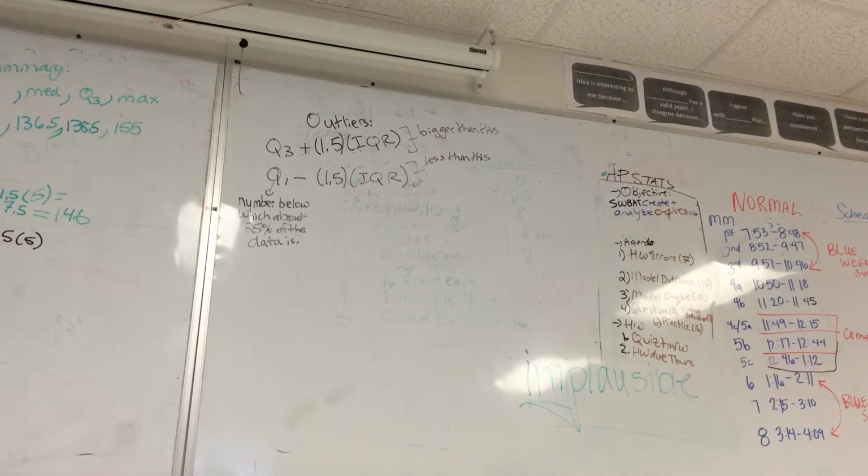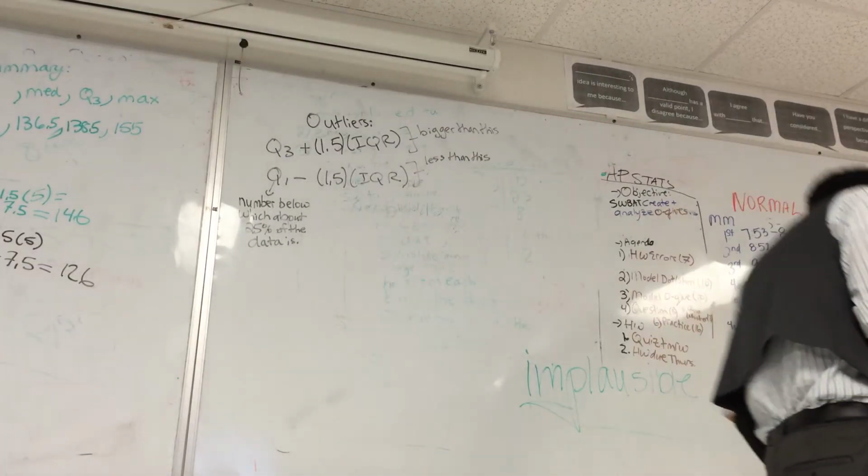We have a question. We do. 133.5 minus 7.5 is 133 minus 7, which is 130 minus 4, which is 126. So 123 is an outlier. Are there any other outliers? We need to find out. Let's look back at our data.